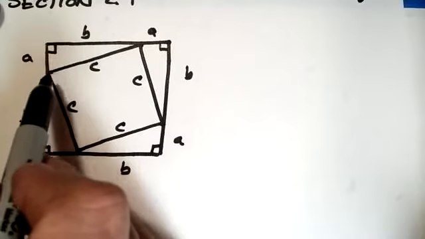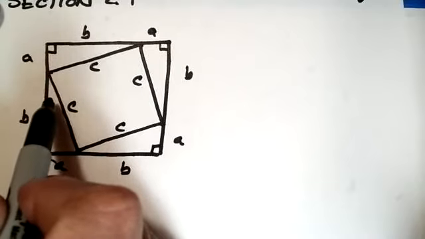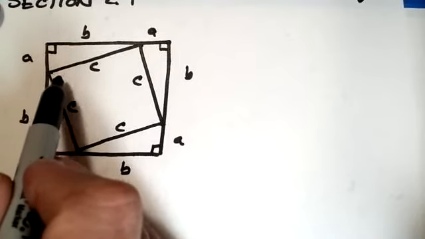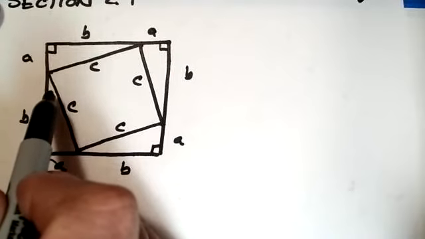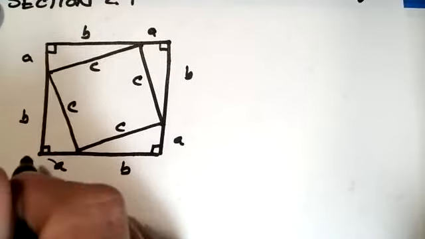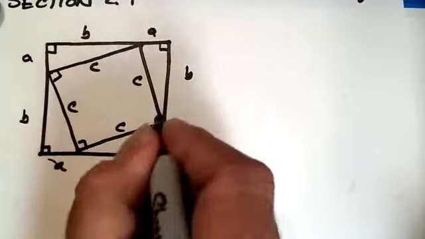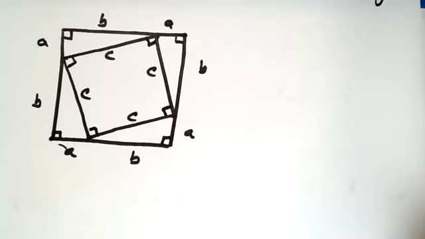So this angle and this angle add up to 90 degrees. But if you look at the whole thing, that's a straight angle. So you have 180 degrees minus two things added together that equal 90. What you're left with is a 90-degree angle. We could repeat that argument at every one of these corners, but the net result is that we have a square within a square.